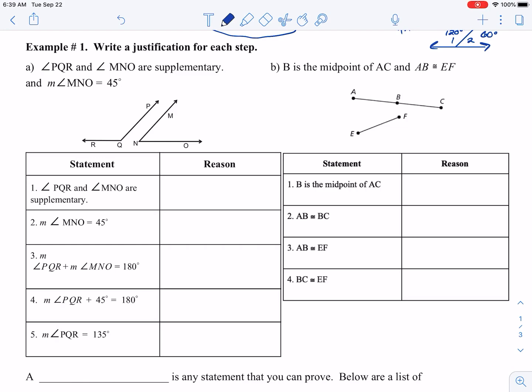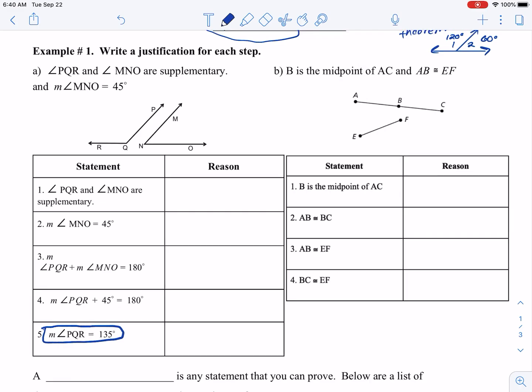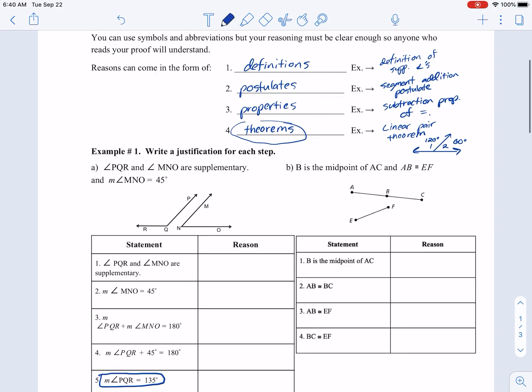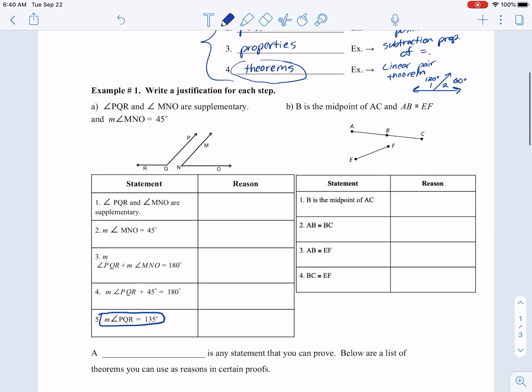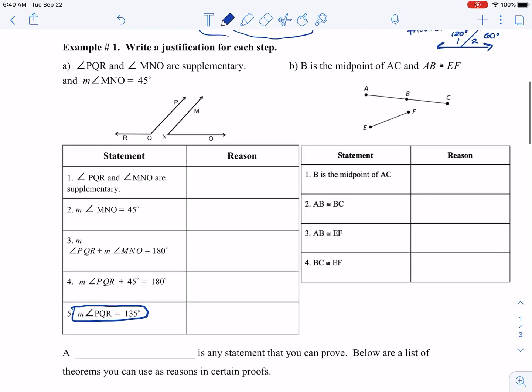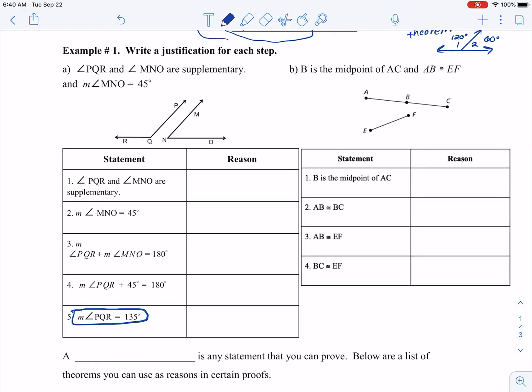So the last statement is what we're always trying to prove. We're trying to prove that the measure of angle PQR is 135 degrees. So all the statements here are provided. We're just filling in a reason, and remember, it needs to be a definition, postulate, property, or theorem that justifies each step. And remember, some of this stuff is going to be given, like this first step.